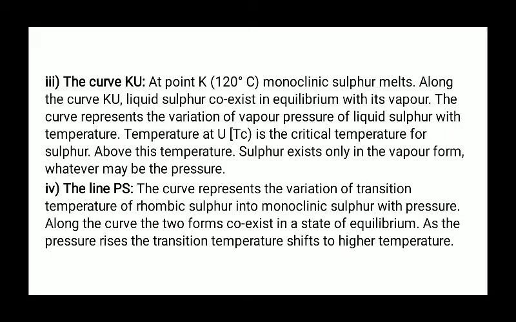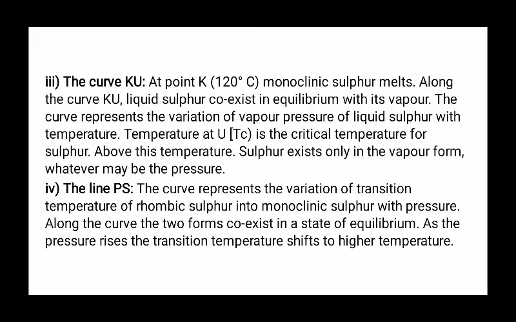Along the curve KU, liquid sulfur coexists in equilibrium with its vapor. The curve represents the variation of vapor pressure of liquid sulfur with temperature. The temperature at U, that means Tc, is called the critical temperature for sulfur. Above this temperature, sulfur exists only in vapor form, whatever may be the pressure.